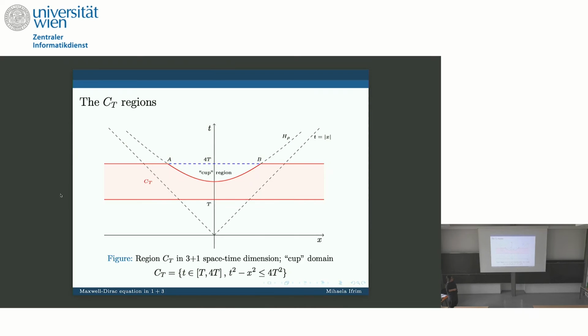So first of all, what is this? This is the C_T, the red region is what we call the C_T region, and we call it the cup domain because we remove this cup. You look at this is the cone, and we foliated the cone with hyperboloids. And so in this region here, the analysis is going to get more delicate.